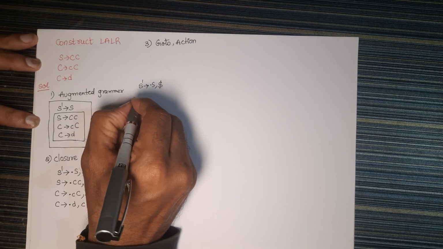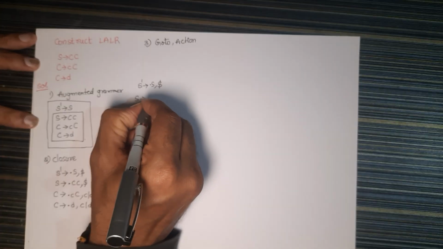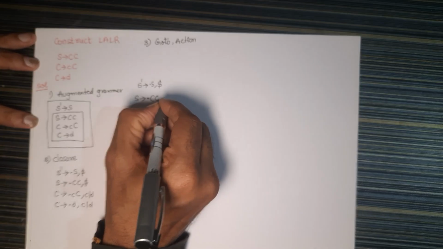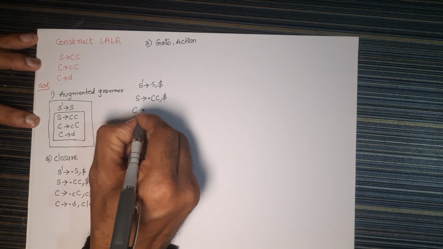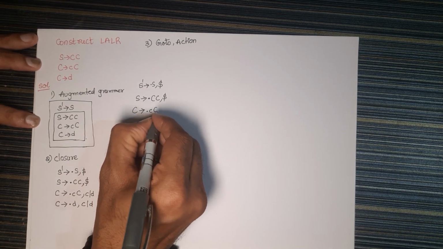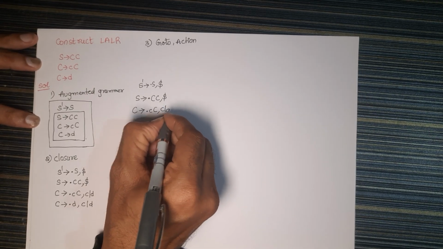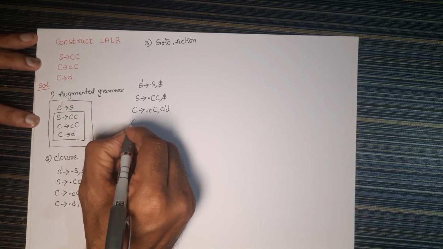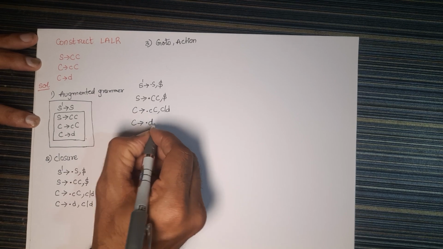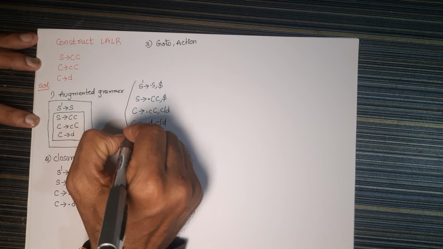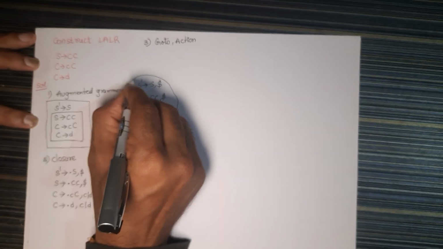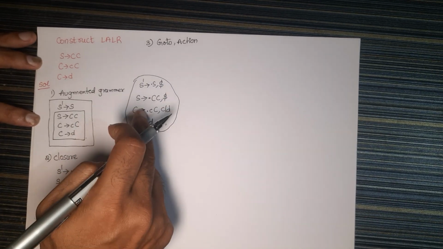Then S → .CC, $ as it is. Then C → .cC, c/d. So C → .d, c/d. We have just written the closure values as they are here.